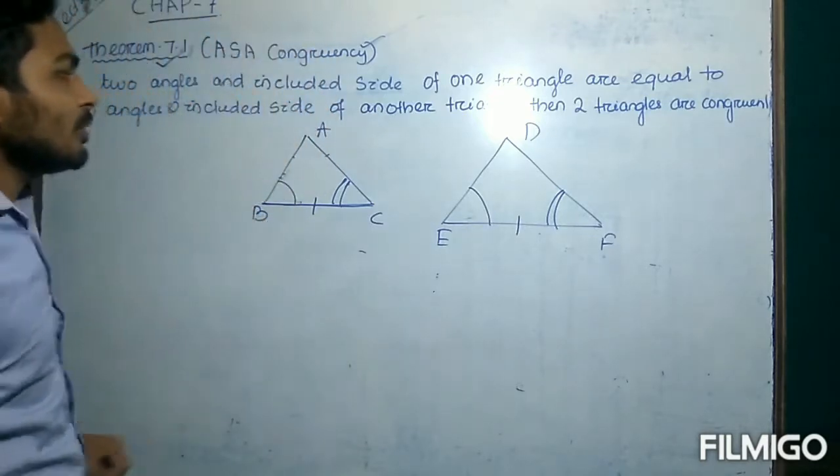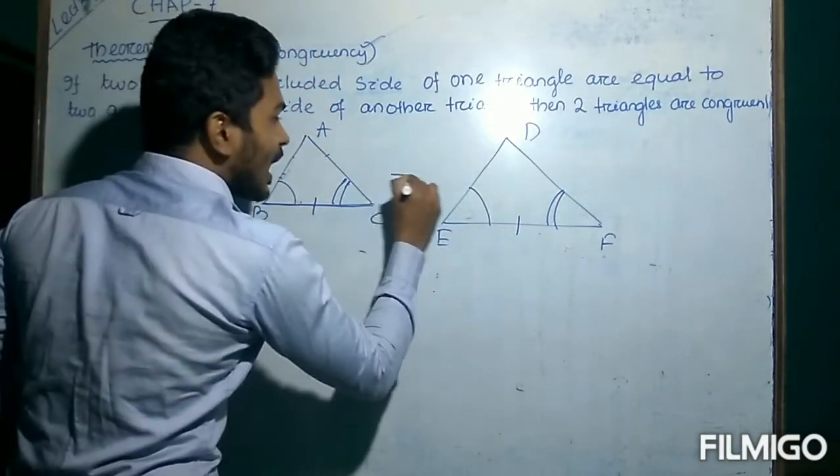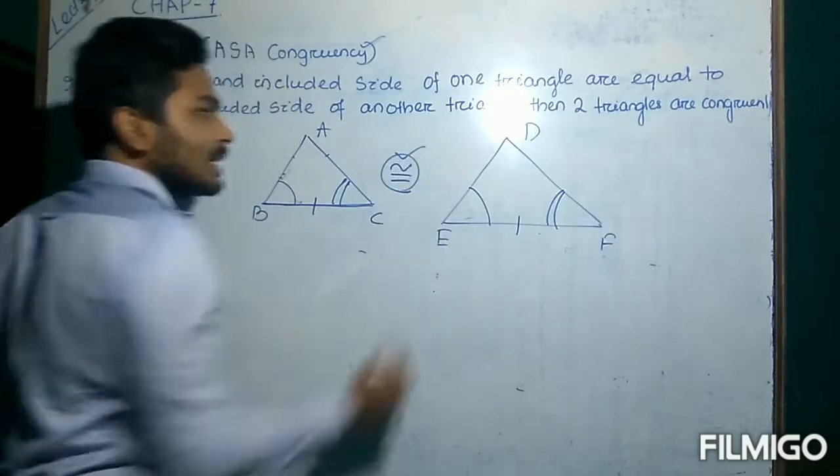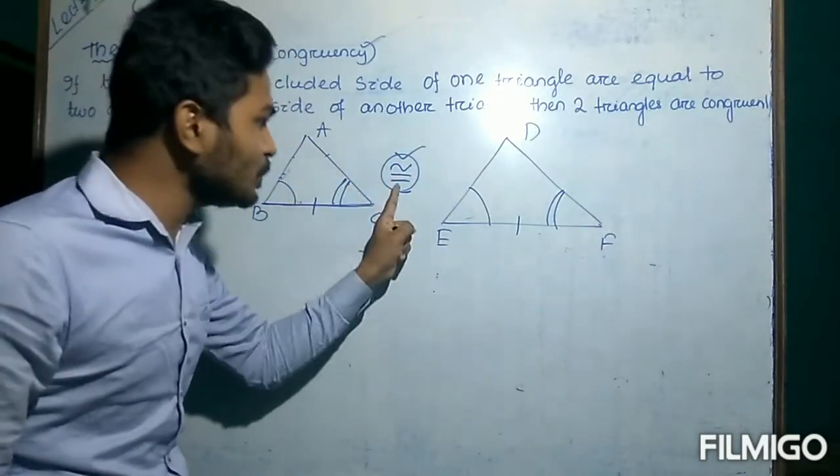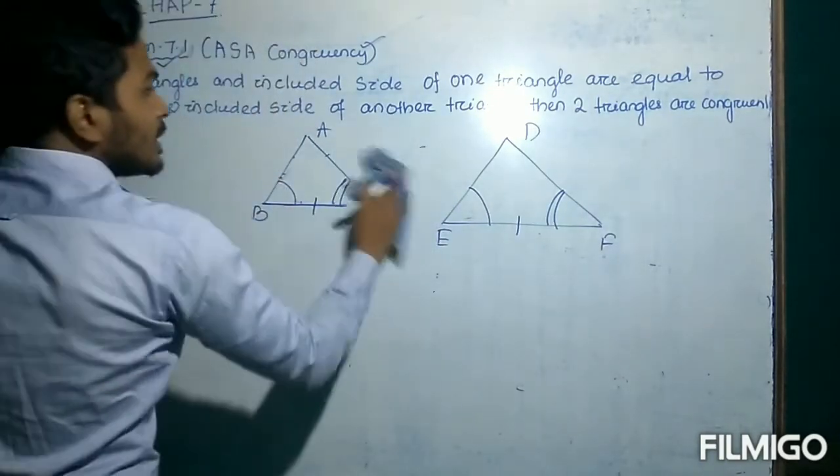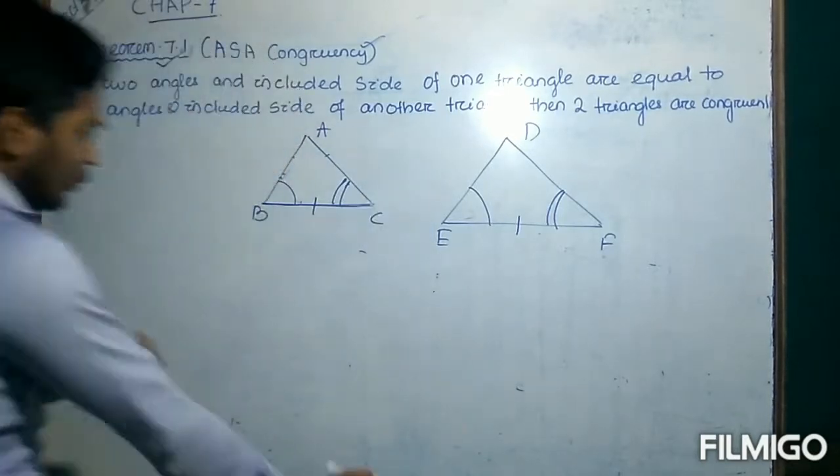We have to prove that this triangle and this triangle are congruent. It is not given, we have to prove it, with the following procedure.